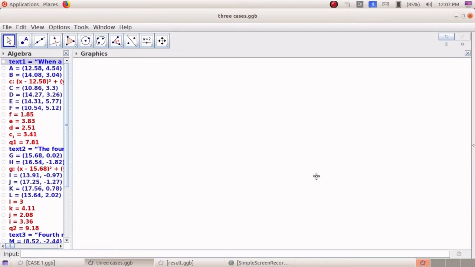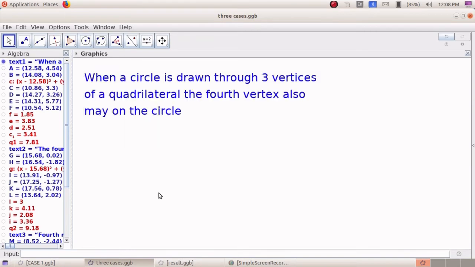Now let us think about the condition. At what time will a quadrilateral be cyclic? That is, what is the condition to draw a circle passing through all vertices of a quadrilateral? If we try to draw a circle through three vertices of a quadrilateral, see here a quadrilateral is given.